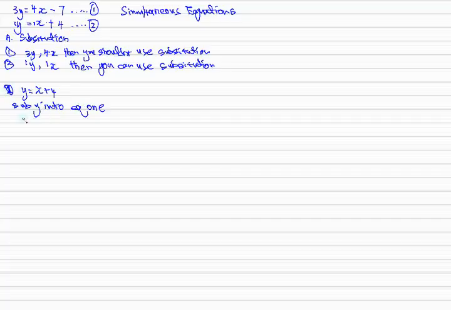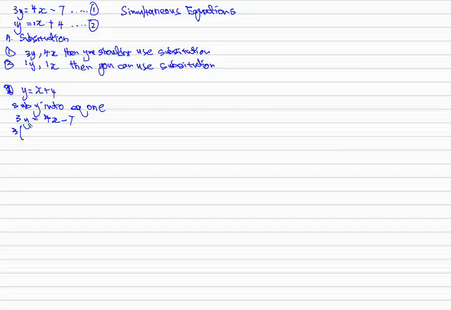So let's look at equation 1. Equation 1 is 3y equal to 4x minus 7.